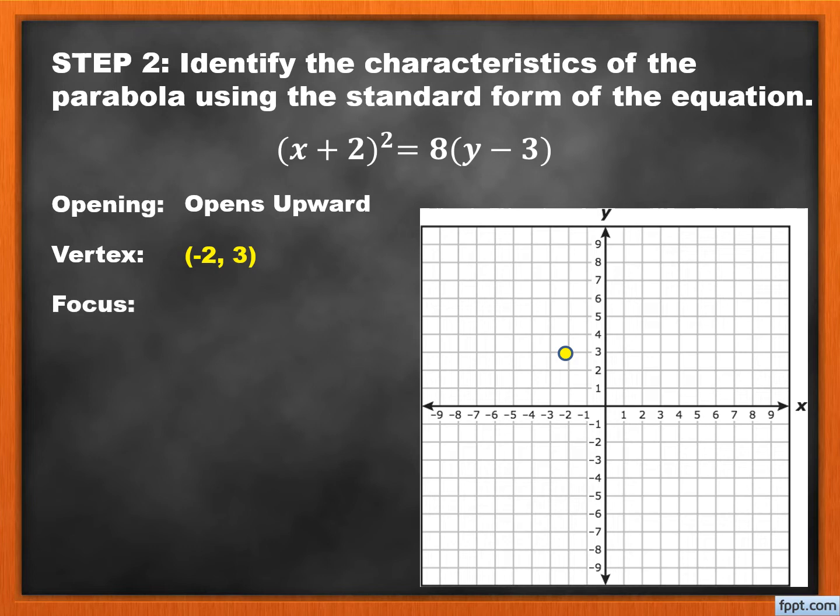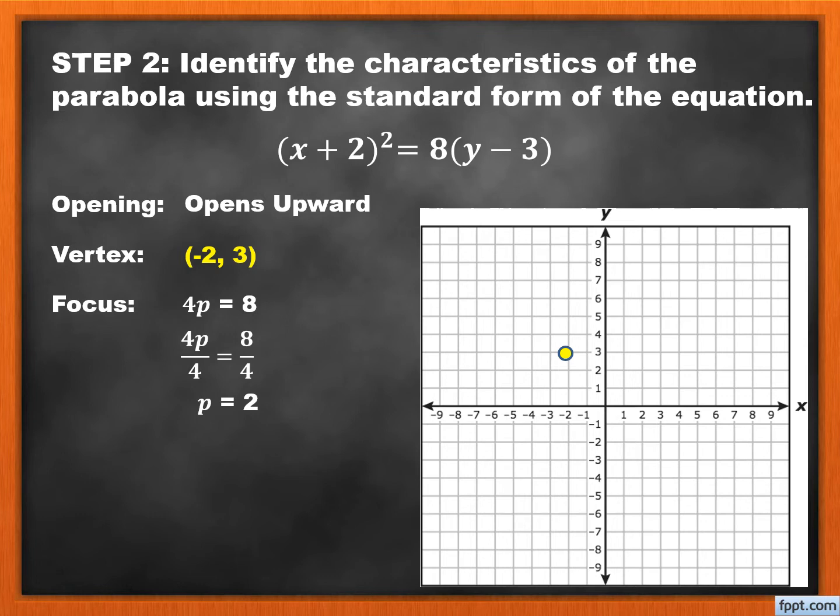Next is our focus. To find the focus, we're going to use again this number, which is 8, and equate it to 4p. And then we're going to solve for the value of p by dividing both sides by 4. Therefore, p equals 8 divided by 4, which is 2.